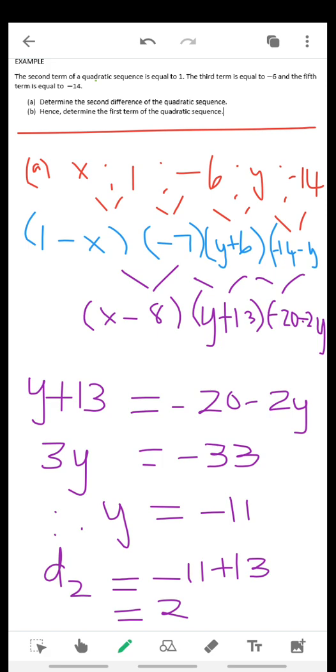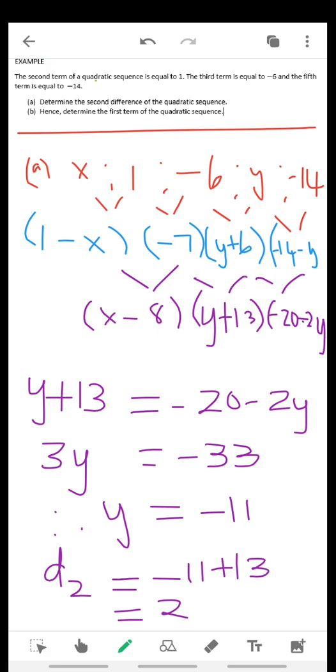But remember, the question said find the second difference. So remember, y plus 13 and minus 20 minus 2y, x minus 8, they represent the second difference. So you can take any of the second differences that have y and just substitute y. So my D2, which is the second difference, equals, using the one with the 13, minus 11, which is y, plus 13, and I'm getting D2 equal to 2.